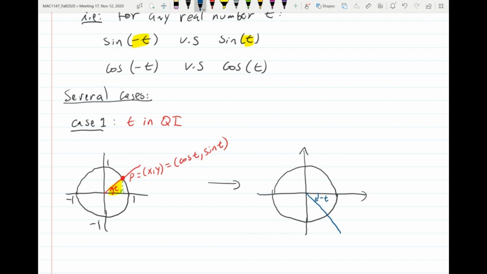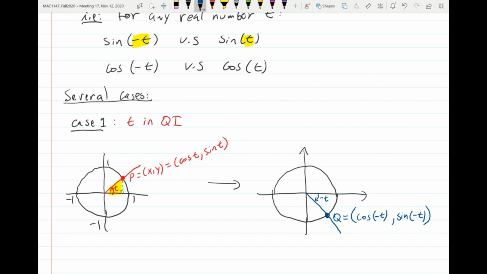This is negative, but in absolute value, the angle is the same. So it's going to give me a point, which I'm going to call Q. And Q has coordinates x, y, which are cosine of negative t, sine of negative t. Everybody following this construction so far?